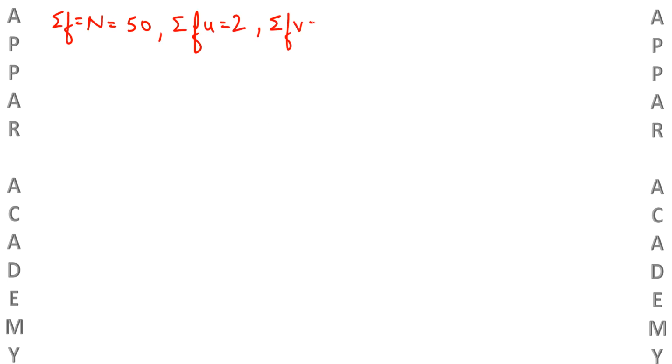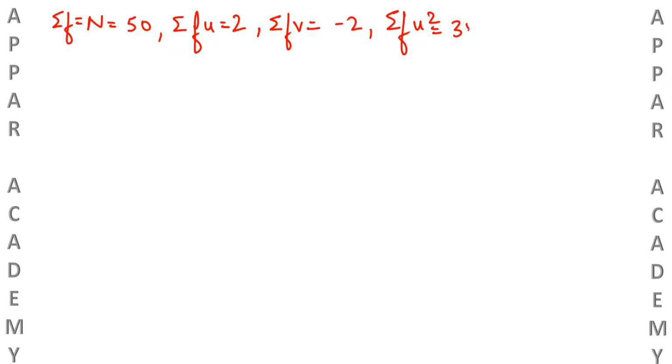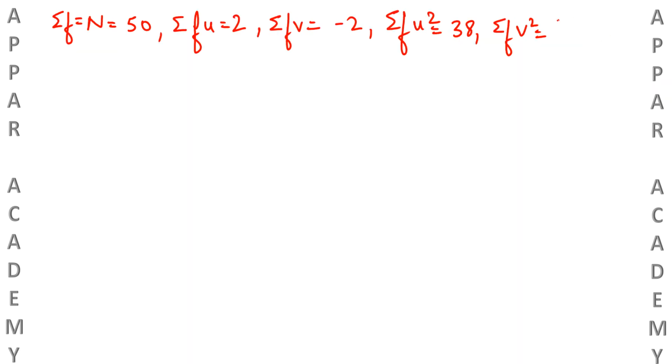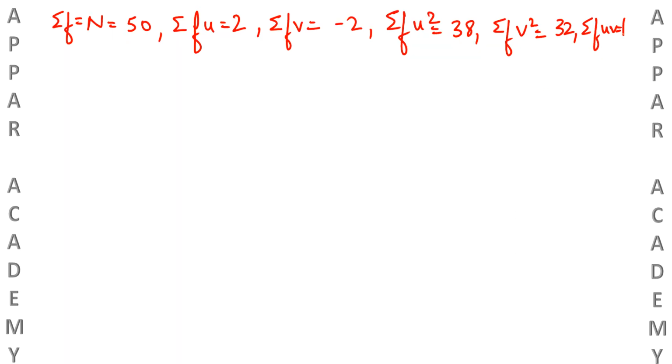Summation FV is equal to minus 2. Summation FU square is 38. Summation FV square is equal to 32. And summation FUV is equal to 13, you can take the figure from either place.